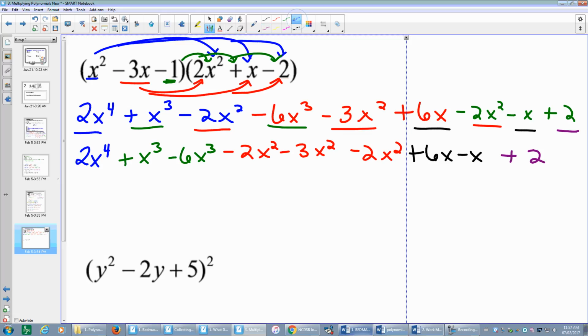Okay, and my final answer is 2x to the exponent 4 minus 5x cubed minus 7x squared plus 5x plus 2.